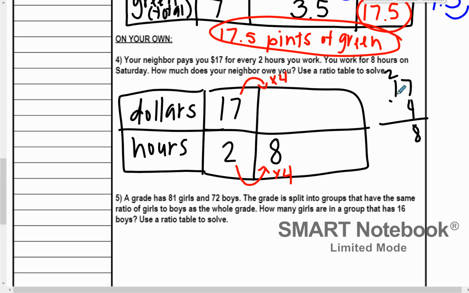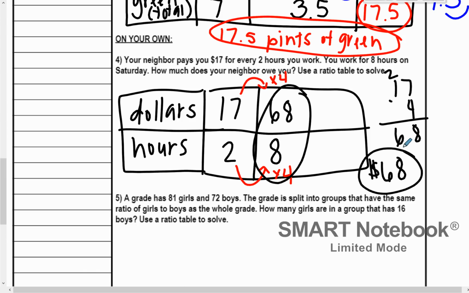Carry the 2, 4, 5, 6, 68. All right, so our answer to this question would be $68. Or your neighbor owes you $68 if it had to be in a complete sentence.